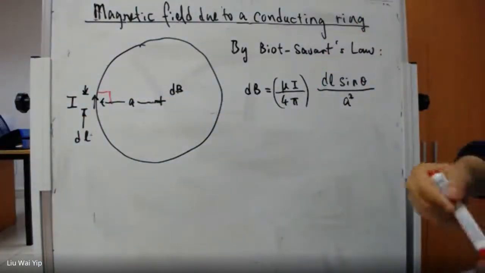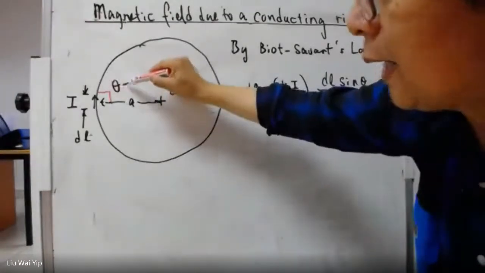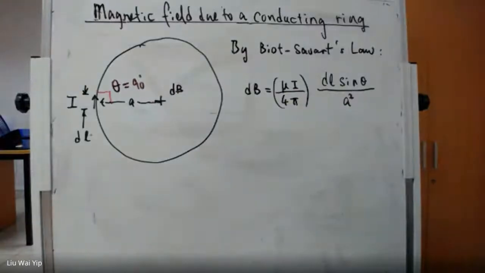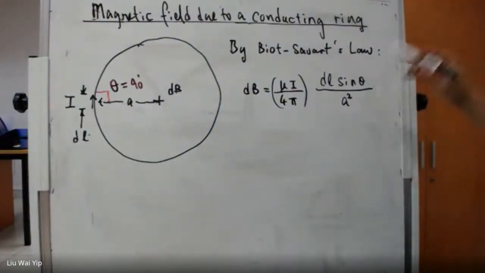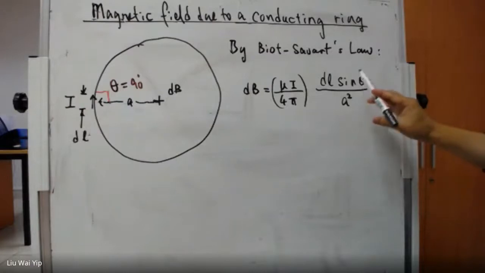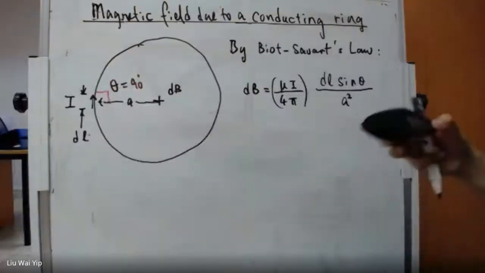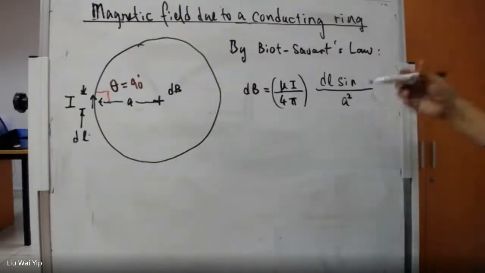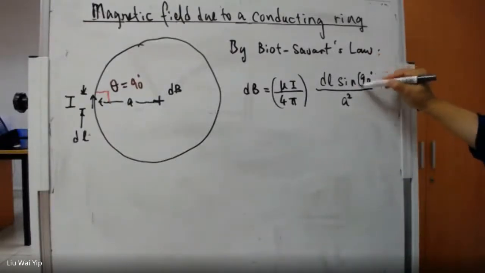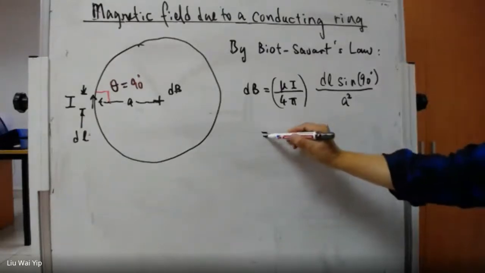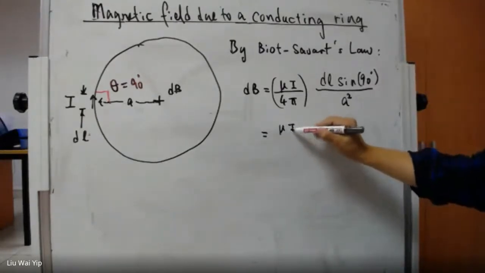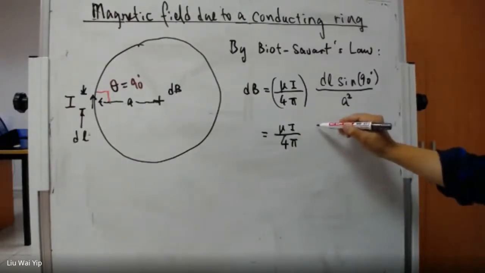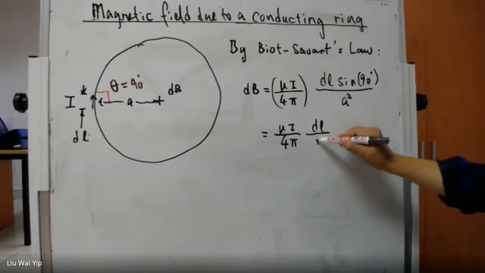So theta is 90 degrees in this case, and sine 90 degrees is equal to 1. So the next line is going to be mu I over 4 pi, and then dl over a squared.